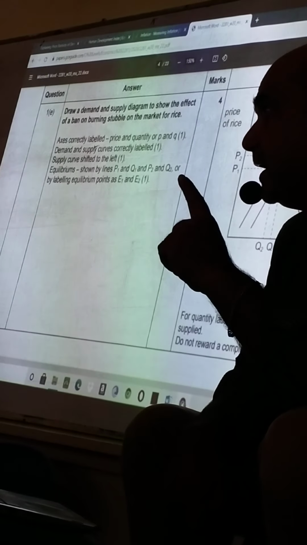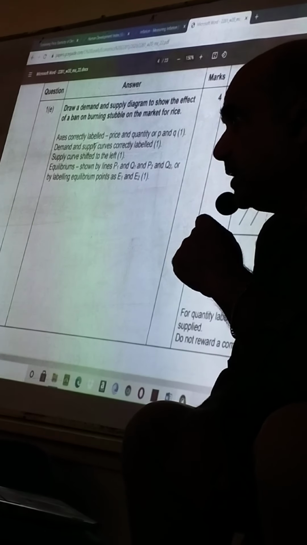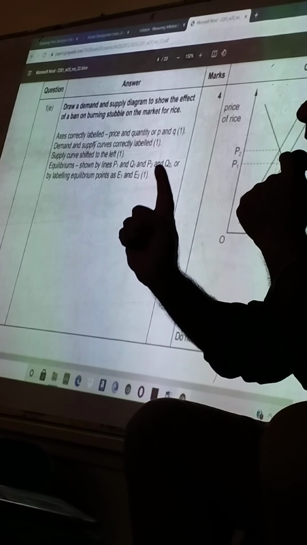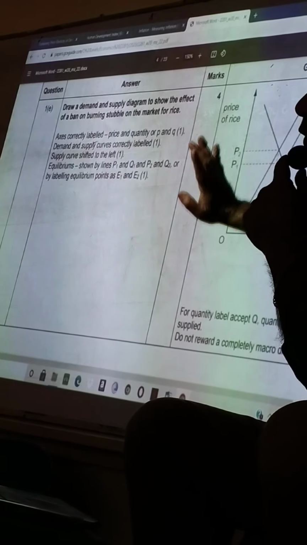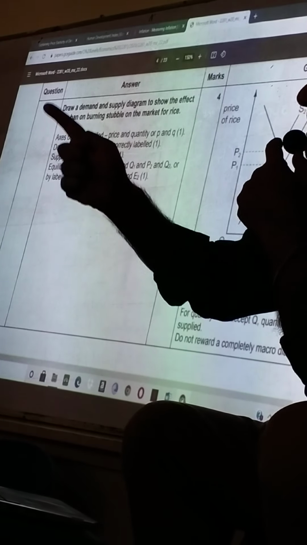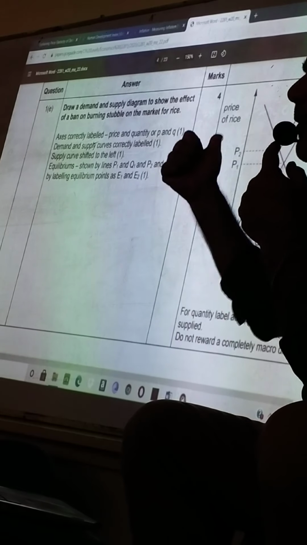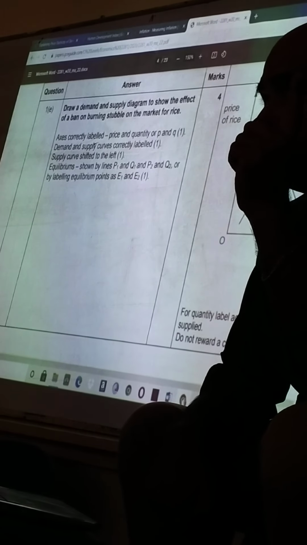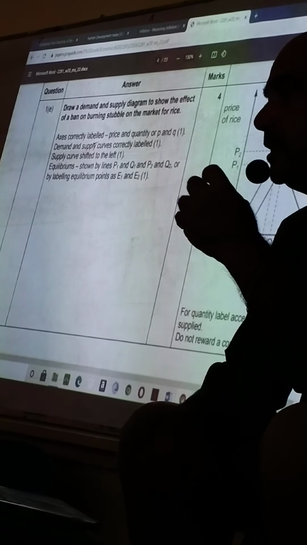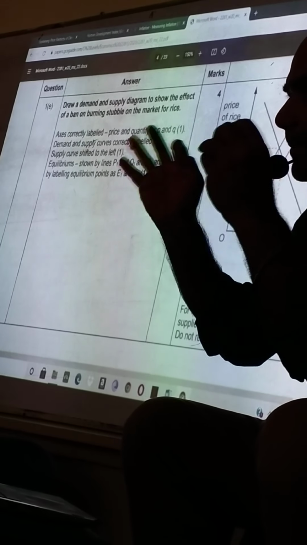Here, they have not kept marks for the explanation. Why? Because this is just a 4-mark question. If it is given in section B, very important, how many marks will there be? 6 marks. Okay? So there the description is compulsory.